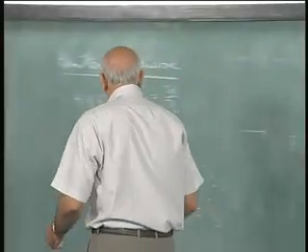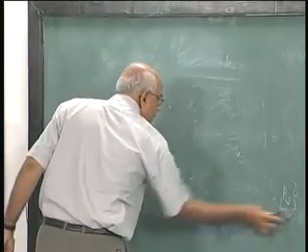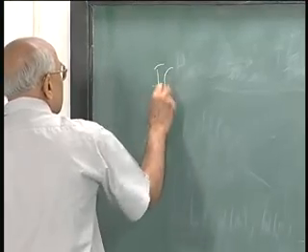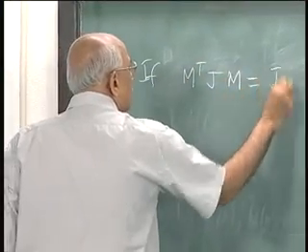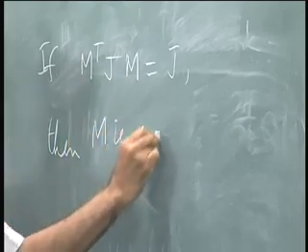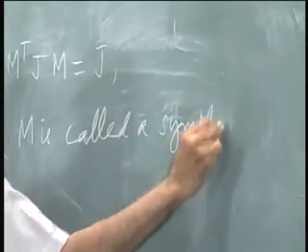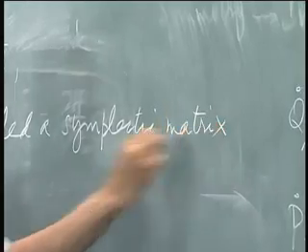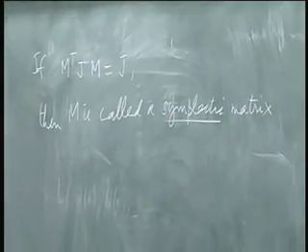So let us look at all matrices: if a matrix M satisfies M transpose J M equals J, then M is called a symplectic matrix.